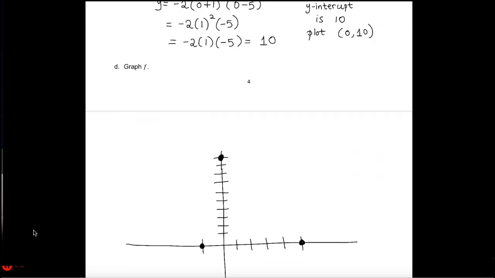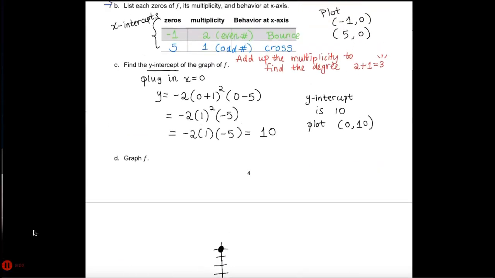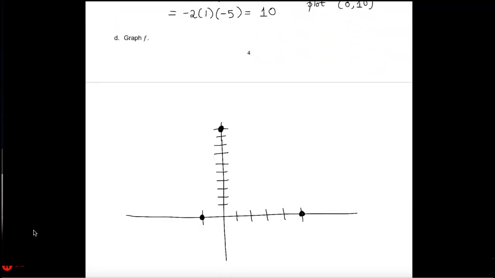Now I want you to remember that at -1, the graph will bounce. You see that? Because it had even multiplicity, it's going to bounce. I'll add that over here. This is going to bounce right here. Okay.